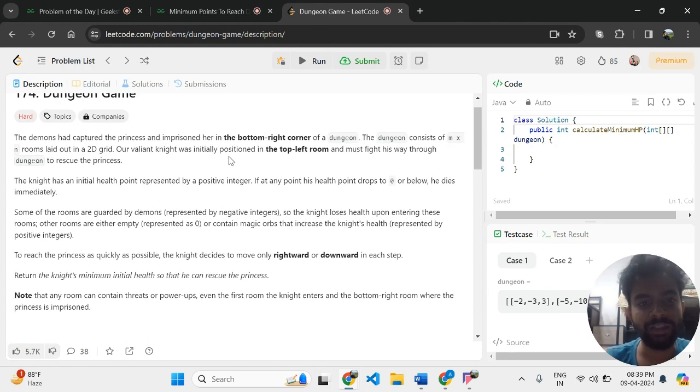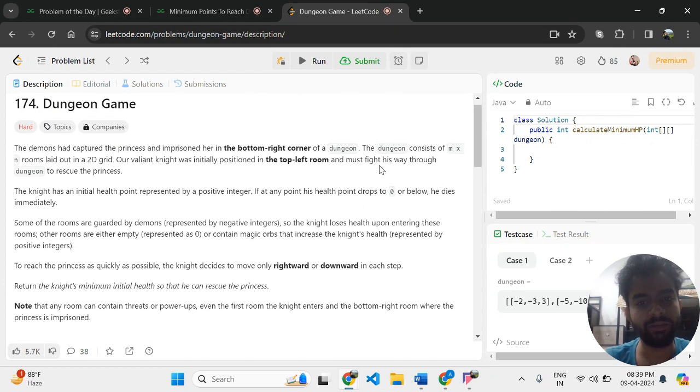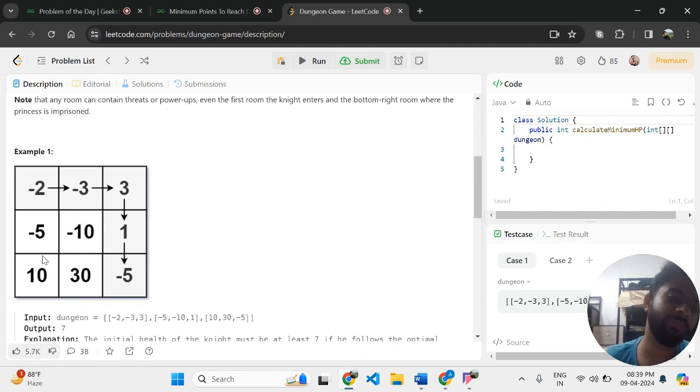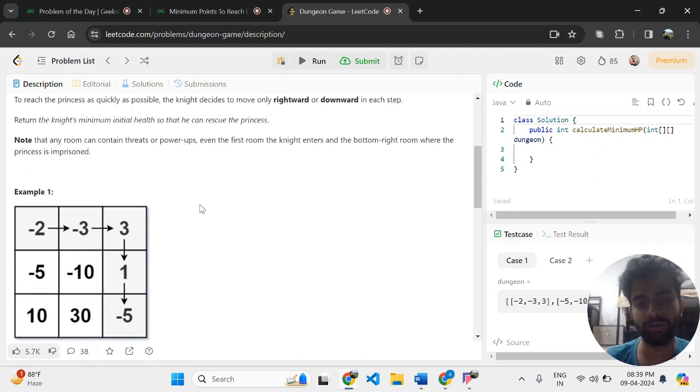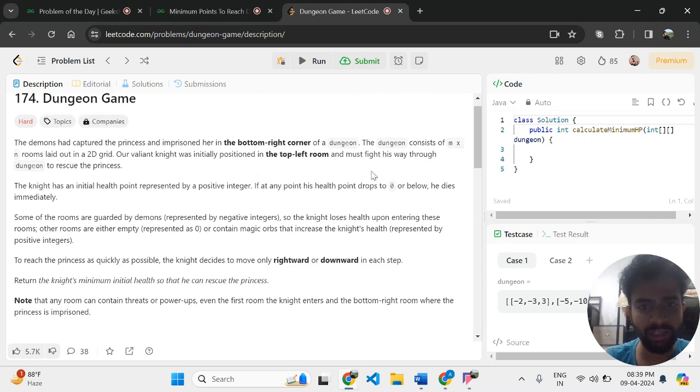Our valiant knight was initially positioned in the top left. Yes, -2 is 0,0 at the top left and must fight his way through the dungeon to rescue the princess. So in each and every step of the way, the knight is going to face a lot of problems in order to successfully evacuate and help the princess who is being captivated over here at -5. Similarly, we can say that the knight has an initial health point represented by a positive integer.